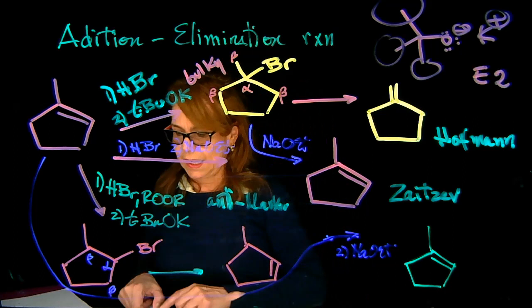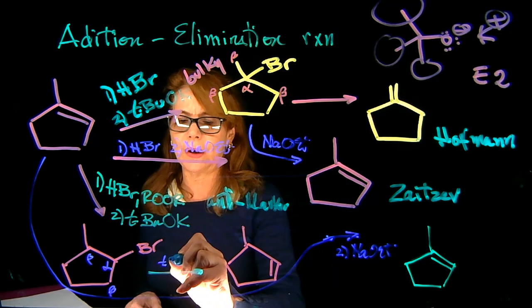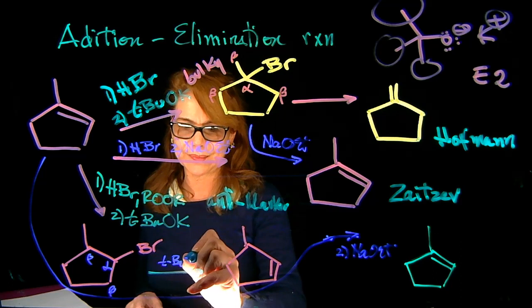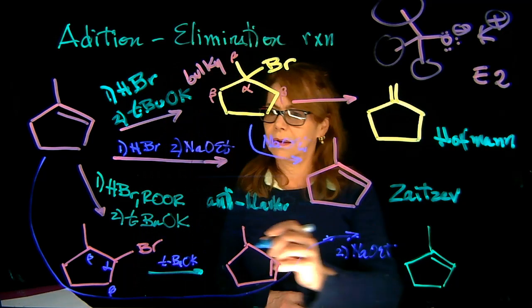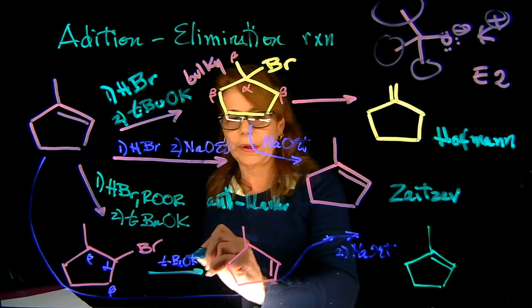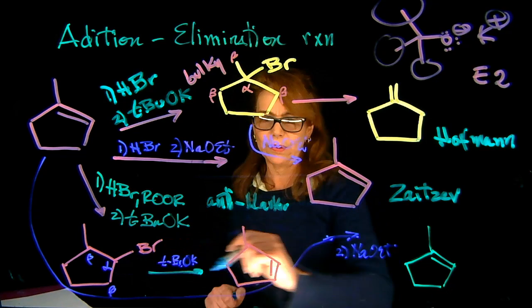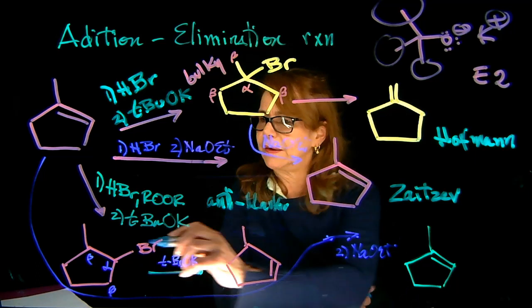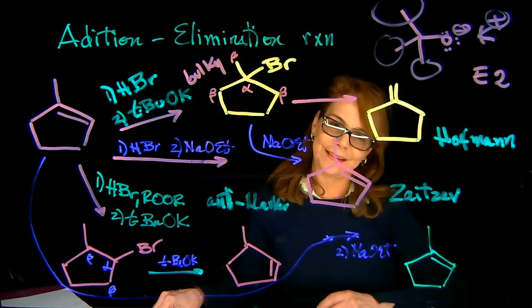In the first case, this is with potassium tert-butoxide, so here you will form the Hofmann product. And in the other case, you will form the alkene here, which is the Zaitsev in that case.